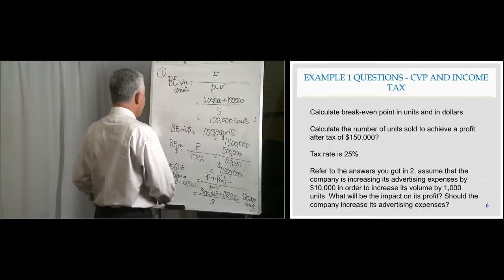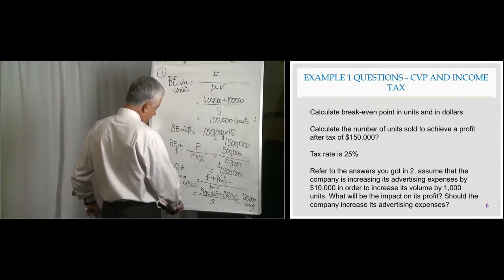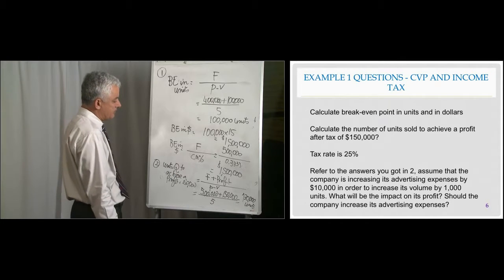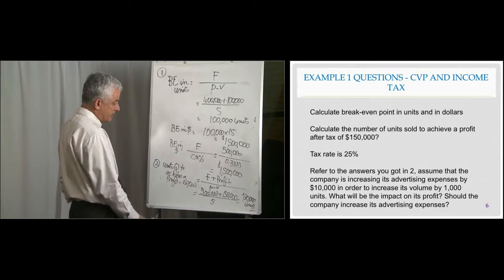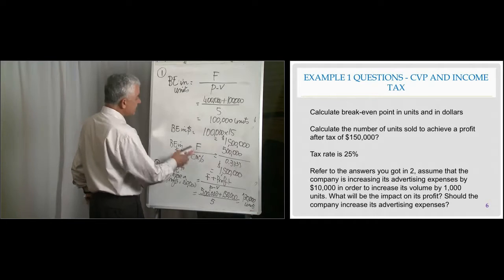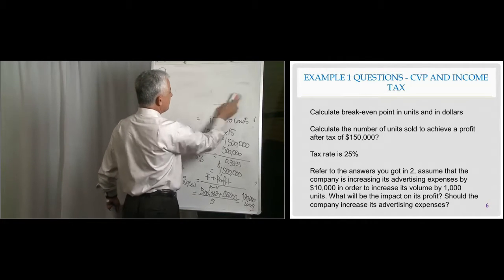Okay, now they're asking us about the sales in dollars to achieve that desired profit. So we calculated the units, physical units, to achieve that desired profit. Now we need to calculate the sales in dollars. Let's continue here.